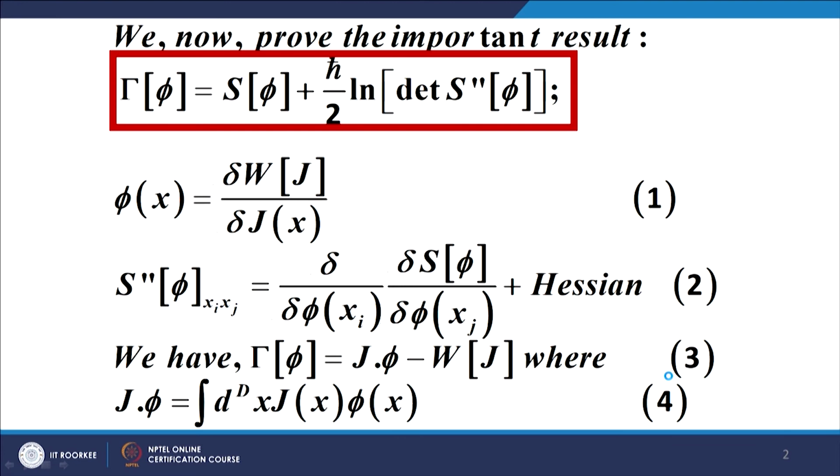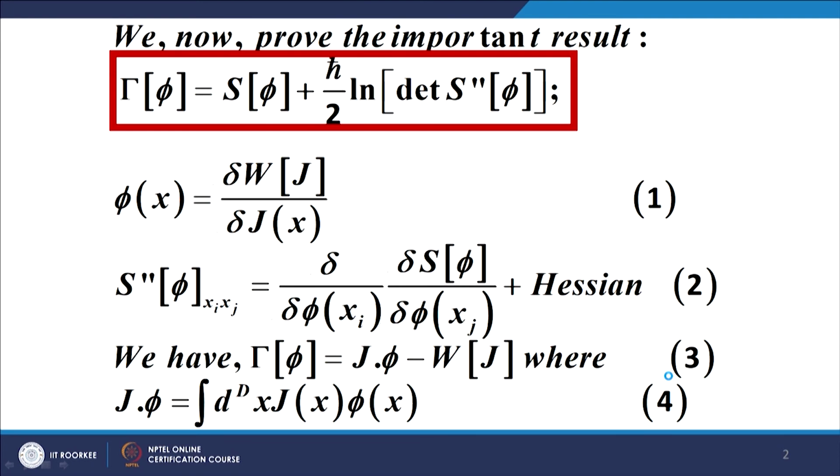So, what are the relationships that we have? Let us recapitulate. The field function is given by the first derivative of W j, where W j is the generating function of the connected Feynman diagrams.